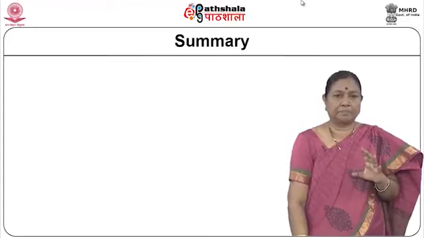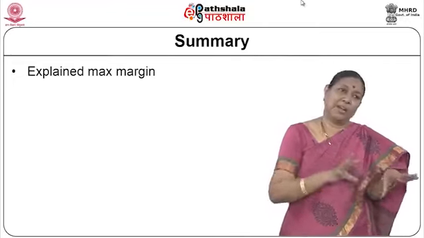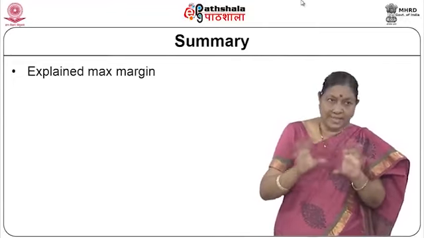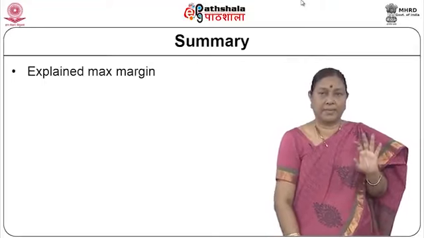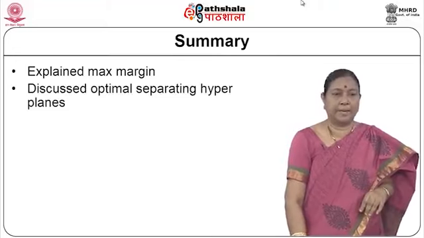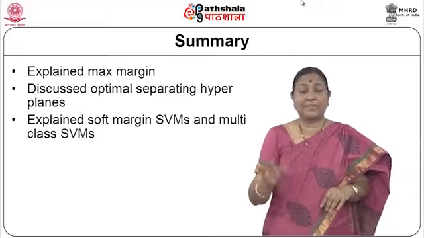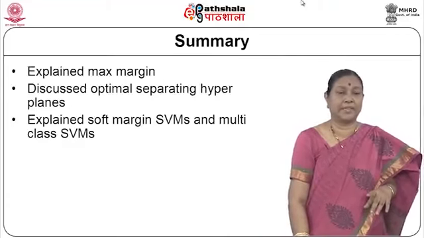So, what is the basis we discussed here? In module 1 and module 2 we discussed some important concepts, for example maximum margin, which we explained again here. We discussed the optimal separating hyperplanes, we explained soft margins, and we explained a new concept called multi-class SVMs. How do we tackle multi-class problems with SVMs?